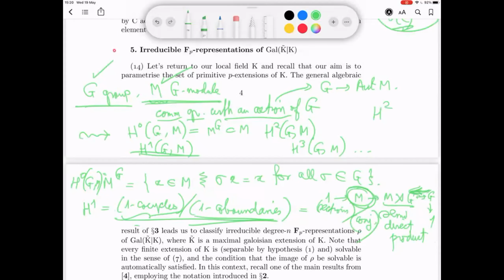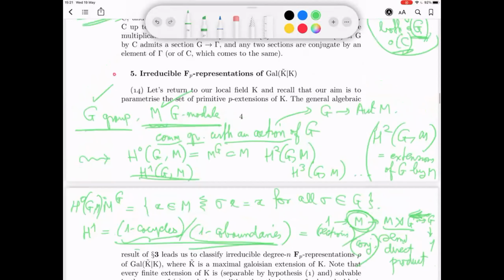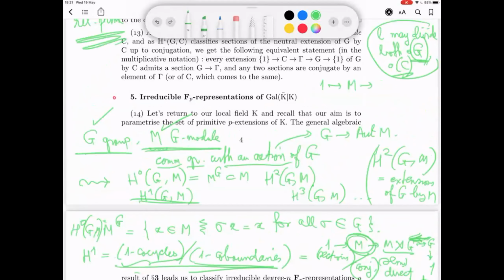And finally, this H2 classifies all extensions of G by M. So these are all short exact sequences, 1 to M to E, so E is some group, to G to 1, such that the resulting conjugation action of G on M is the given action.